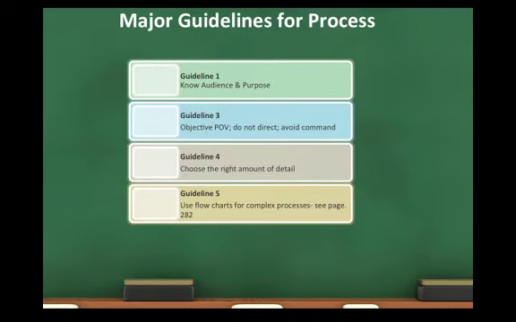Guideline number 3 is you need to be objective. That's the key word, and it says POV, which means point of view. So you're not going to be direct here. You're not going to give the command, which is a form of speech generally used in instructions: print this page, click on this button. That's not how you're going to craft process. You might be using passive voice.